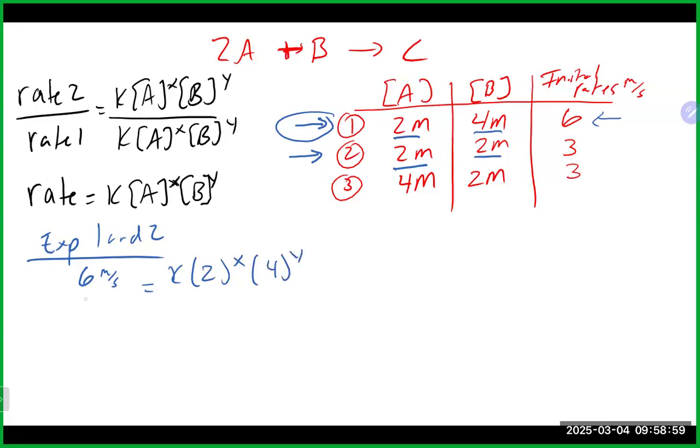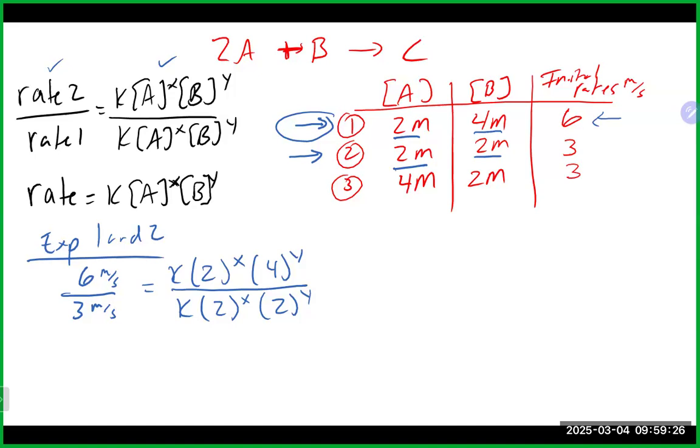And again, that all comes from experiment 1. I'm going to do the same thing for experiment 2. So on the bottom, we're going to have 3 molar per second is equal to k. Again, my molarity here is going to be 2 to the x and 2 to the y in this particular case, right?